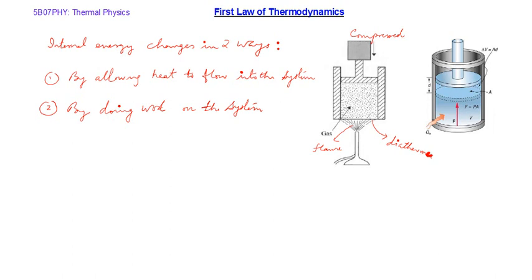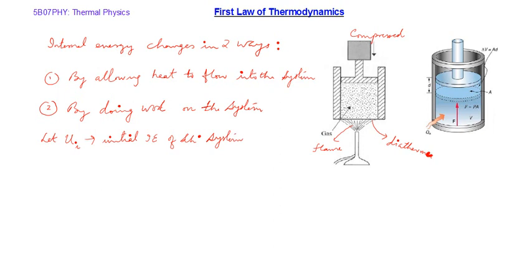So as a result of both of these simultaneous processes, the internal energy of the system will change, or I can say the state of the system changes from one to another. So let's say, let Ui be the initial internal energy of the system.